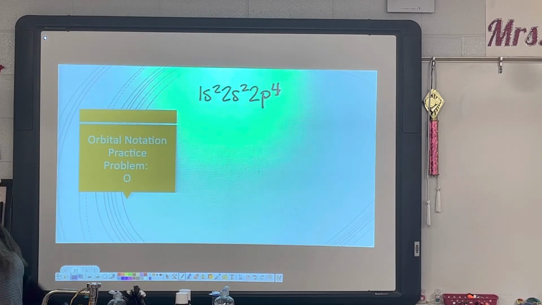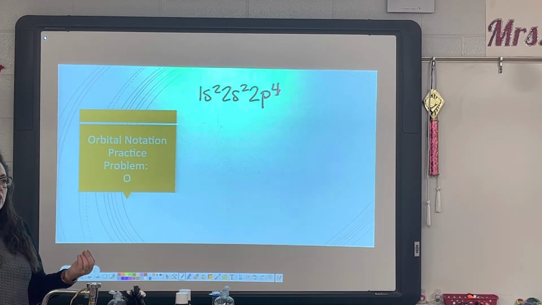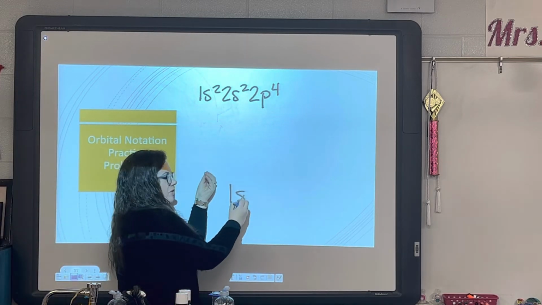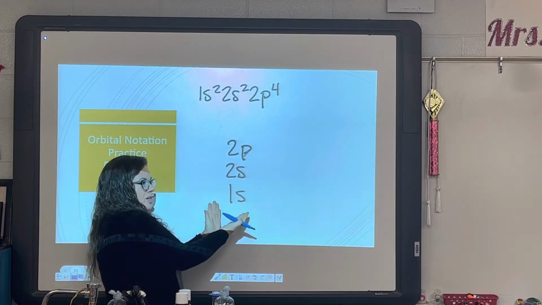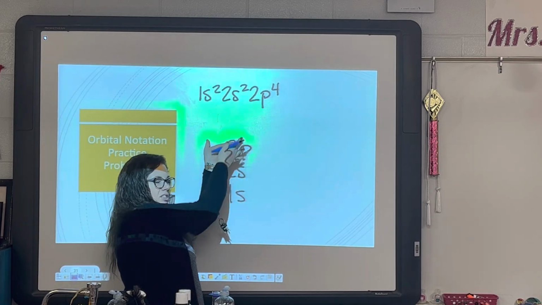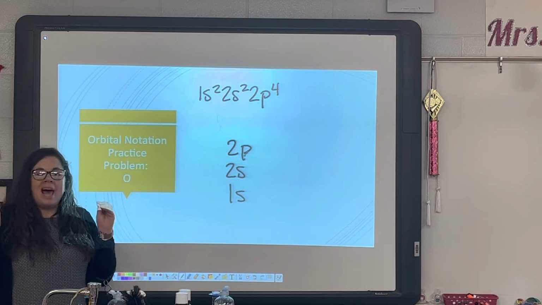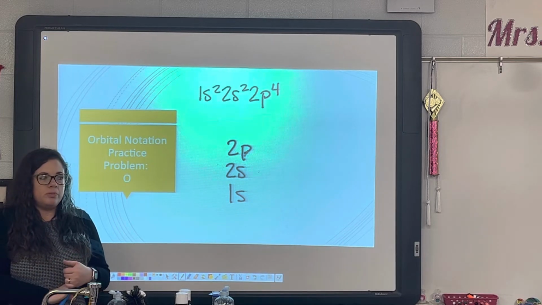Alright? So now, first rule, Aufbau principle. We're going to start with the lowest energy level first. So I'm going to come down and I'm going to write my 1s on the bottom, then my 2s, and then my 2p. Because the lowest is on the bottom, my highest is on top. Now, how many different shapes do we have for the s orbital? 1.